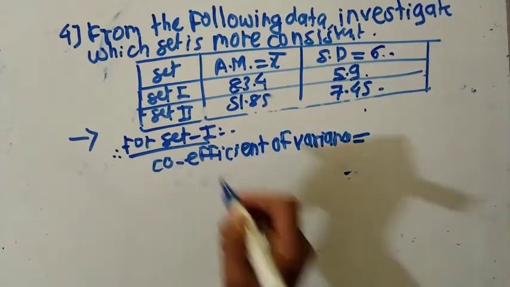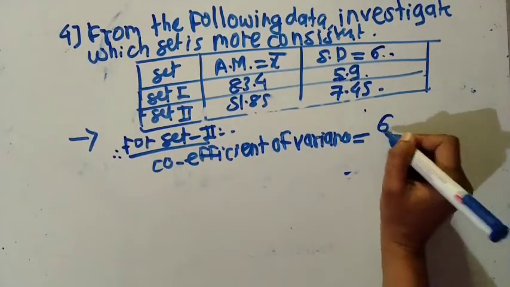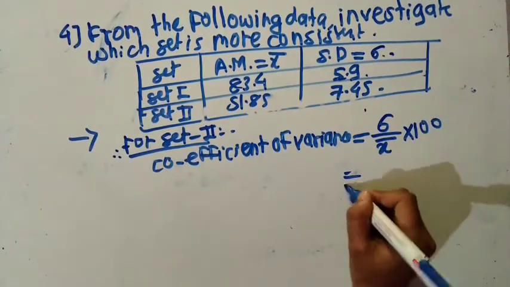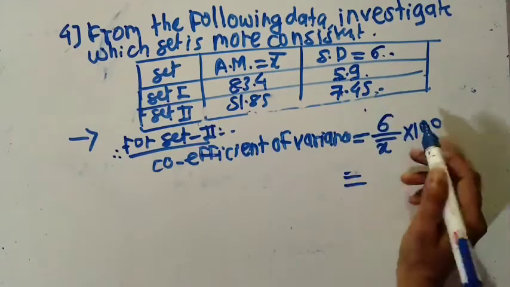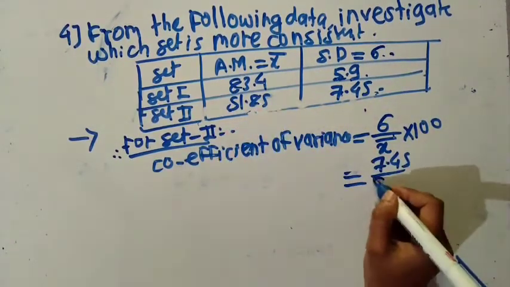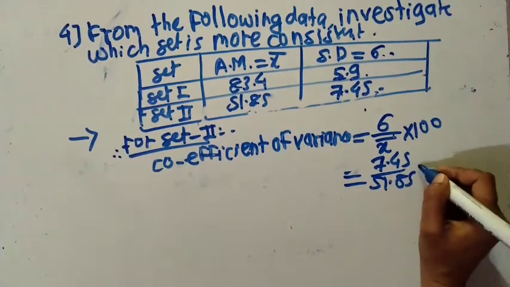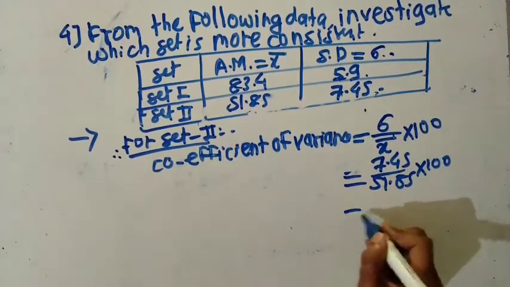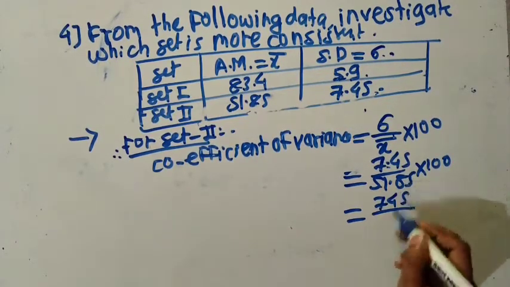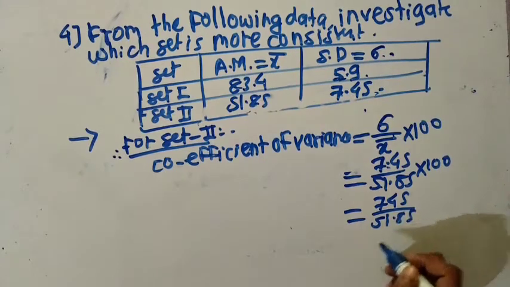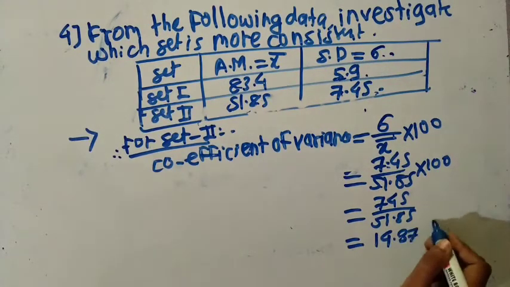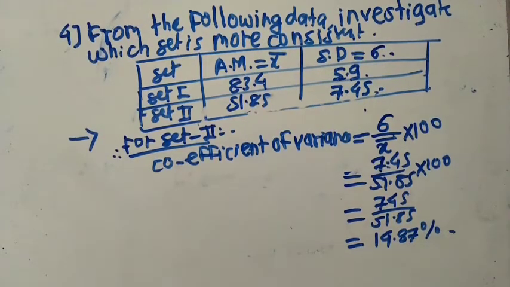And also find out for set 2, coefficient of variance is sigma upon x bar into 100. Means sigma is 7.45 upon x bar is 51.85 into 100. This is 745, and this division is 14.37%.